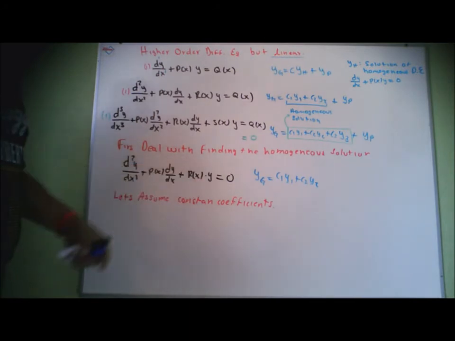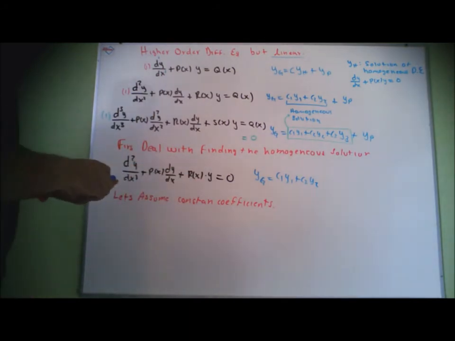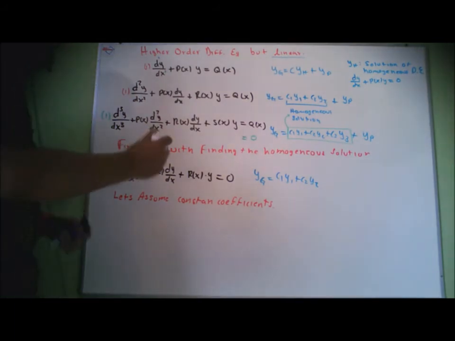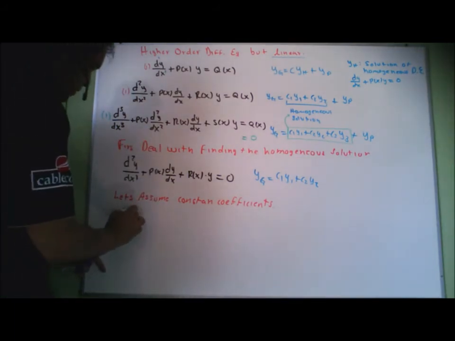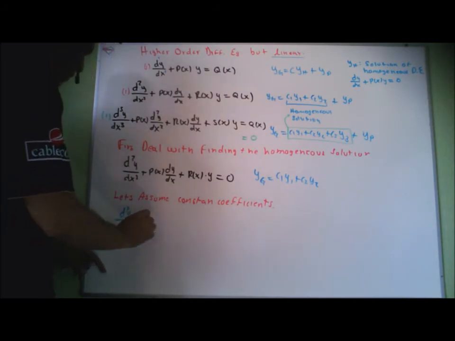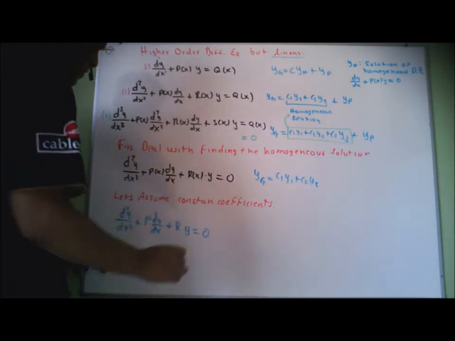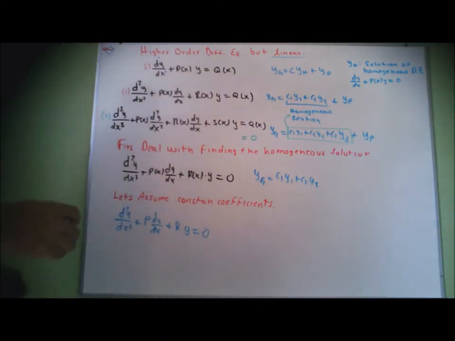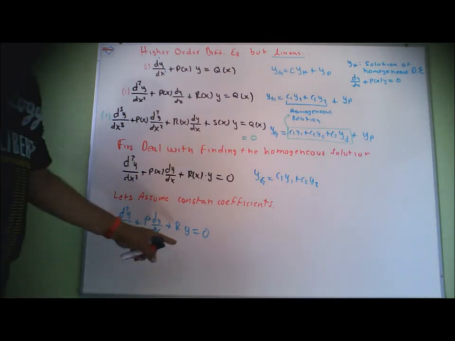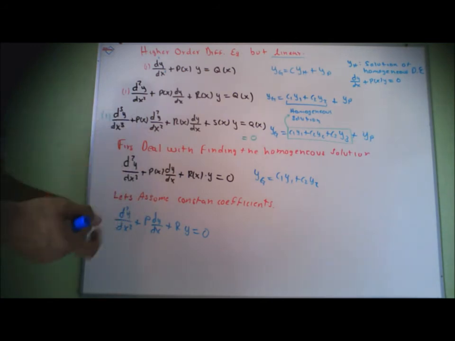They happen to be constants. So I'm going to write it like this: the second derivative of y with respect to x squared plus some value p times the derivative of y with respect to x plus r times y equal to 0. So they are no longer functions of x; they could be 5, 10, minus 3, whatever.